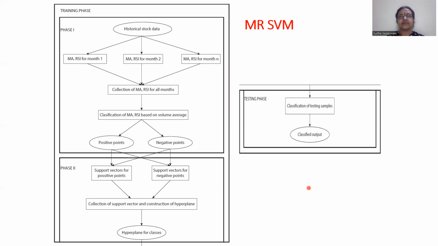Using it, a test data can be given as input and the result can be predicted. So this is a type of research that has been done in order to construct a support vector machine and to classify or to predict the data, making use of certain ranges of upward or downward changes in stock prices.